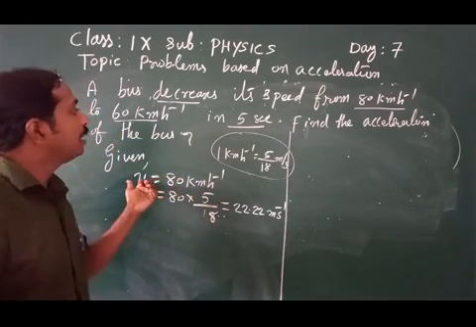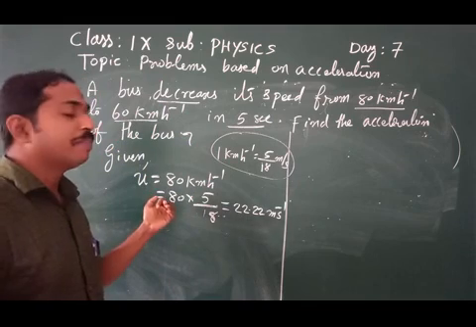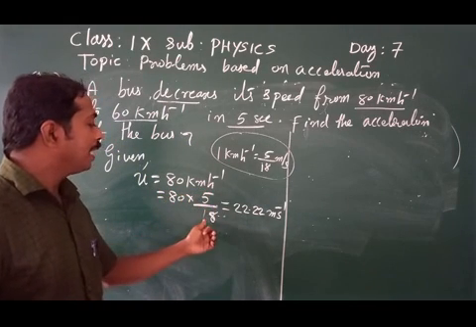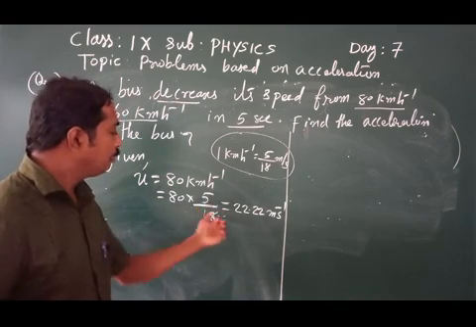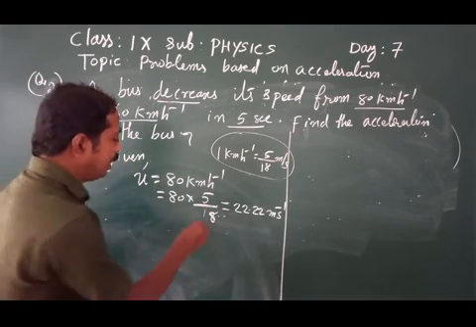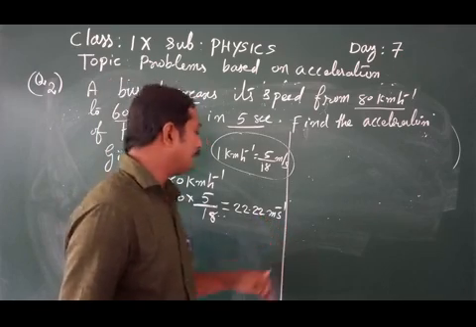Then we have initial velocity 80 kilometer per hour. When we convert, 80 into 5 by 18, we will get 22.22 meter per second.